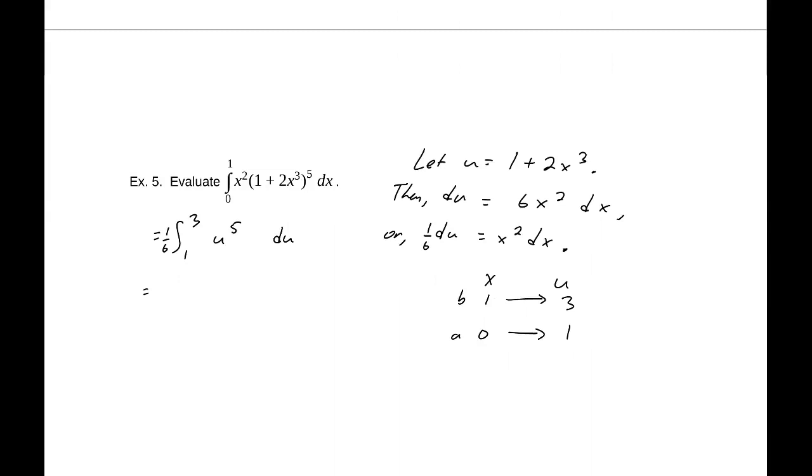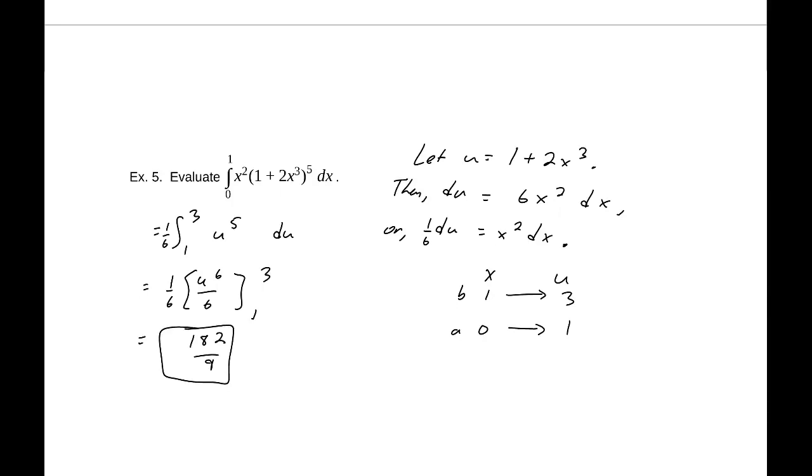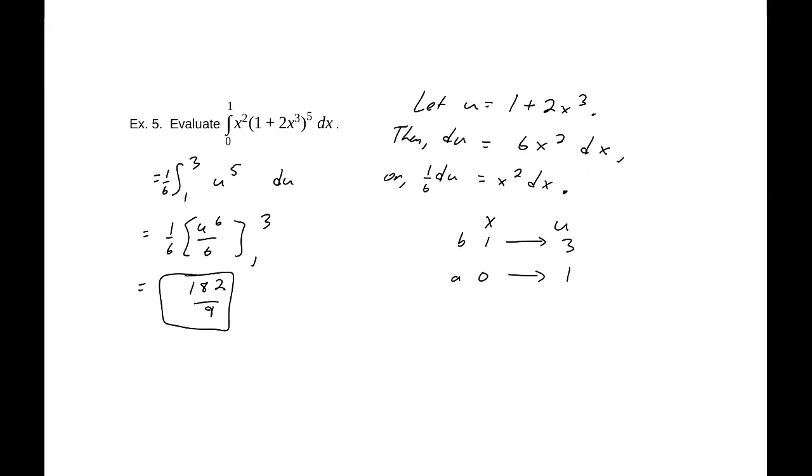So this would be u to the 6th over 6, evaluated from 1 to 3, and I'll keep my 1/6 in there. And that should be 182 over 9. I can just evaluate those two endpoints, and I'm done. I don't have to go back in terms of x because I changed those limits from limits in x to limits in u.